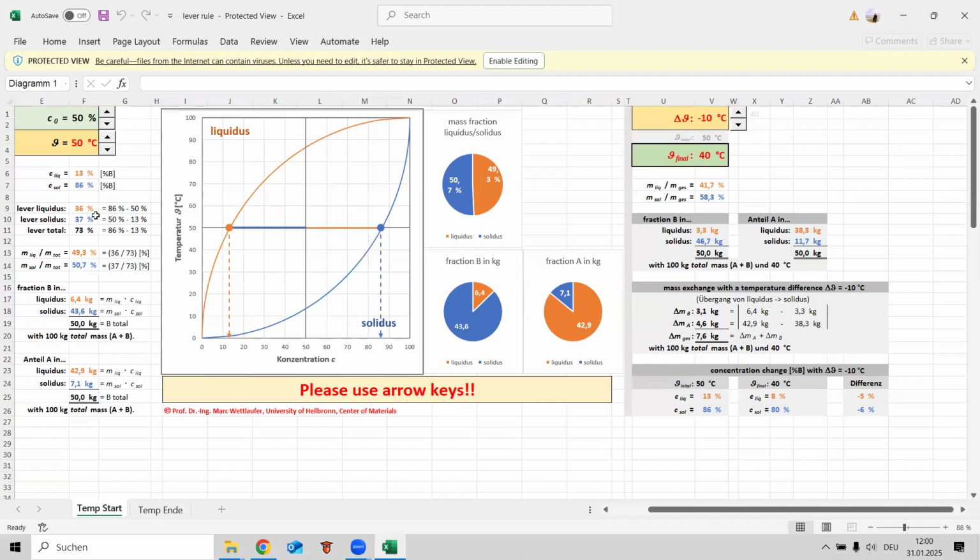So from the solid concentration minus the liquid concentration, the mass of liquid divided by total mass is around 49.3%, and solid divided by total is around 50.7%.